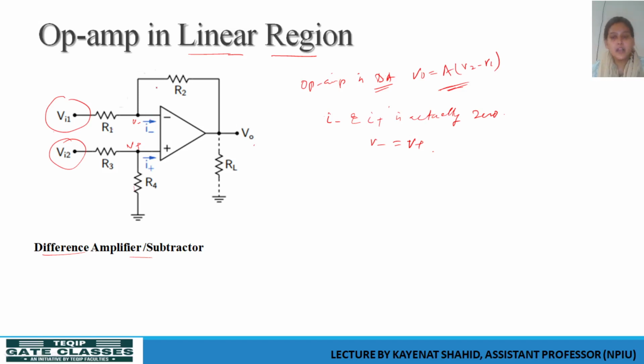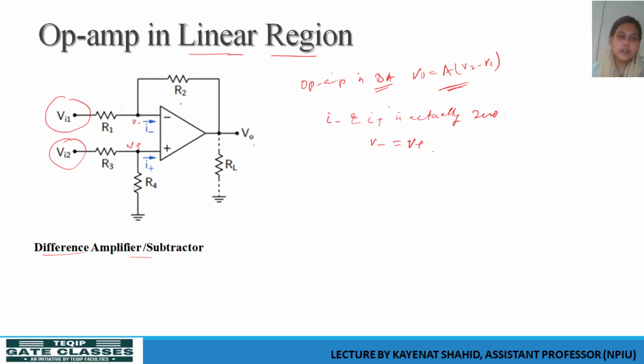Whenever we are talking about a linear device, the output due to the summation of all the inputs can be taken as the summation of the outputs due to the individual inputs, right? So the output voltage when both input signals are applied will be equal to the summation of the outputs due to individual inputs applied to the operational amplifier or any linear circuit.